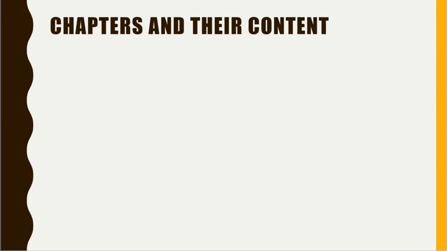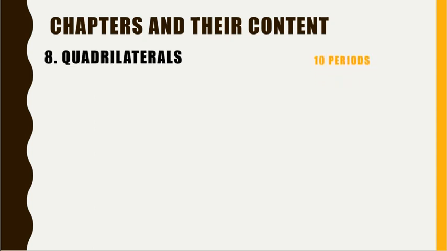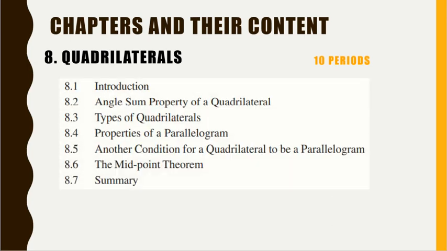Moving on to the 8th chapter, called quadrilaterals, which is supposed to be taught in 10 regular periods. Subtopics are introduction, angle sum property of a quadrilateral, types of quadrilaterals, properties of a parallelogram, another condition for a quadrilateral to be a parallelogram, and the midpoint theorem.